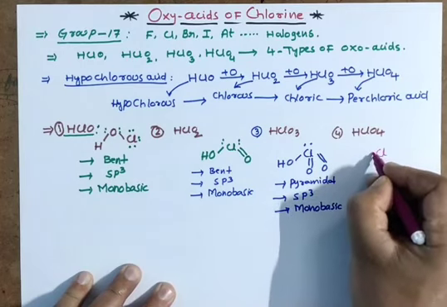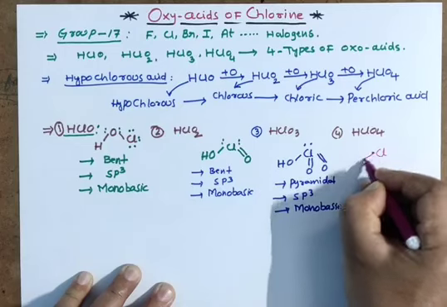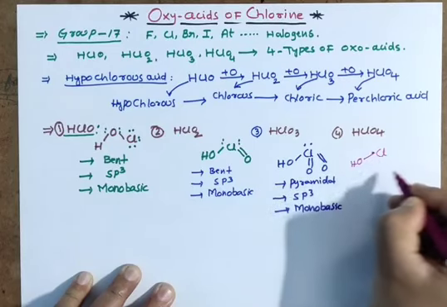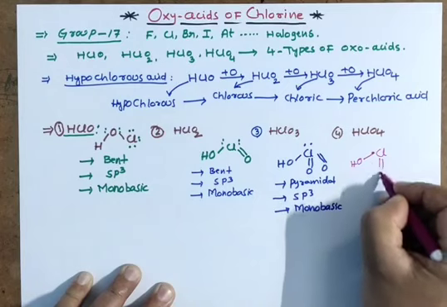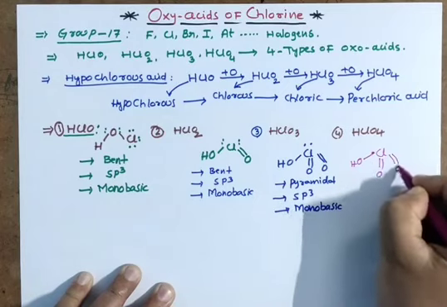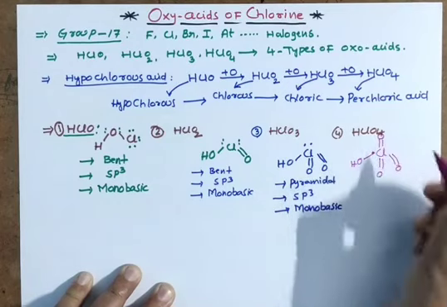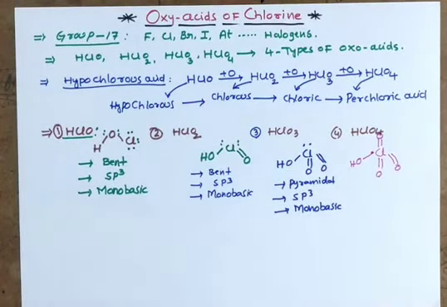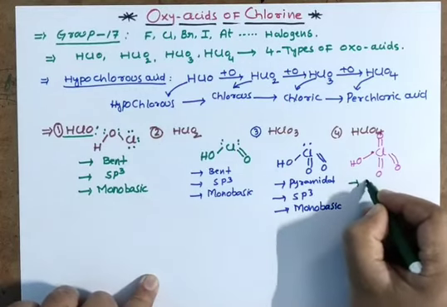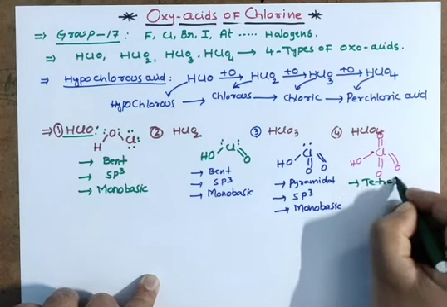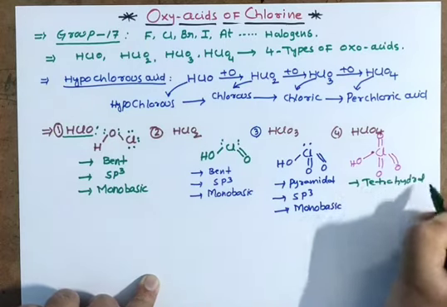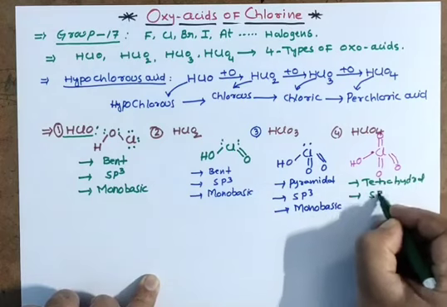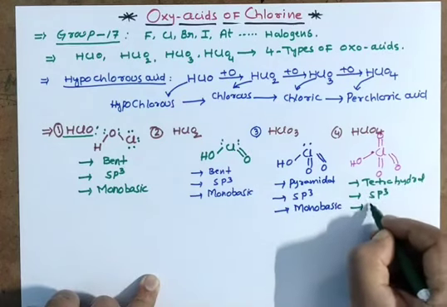One OH group, no doubt at all, and here double bond O, here double bond O, and top one double bond O. By looking at this you can say easily it is having tetrahedral geometry, hybridization sp3, and one OH group is there.